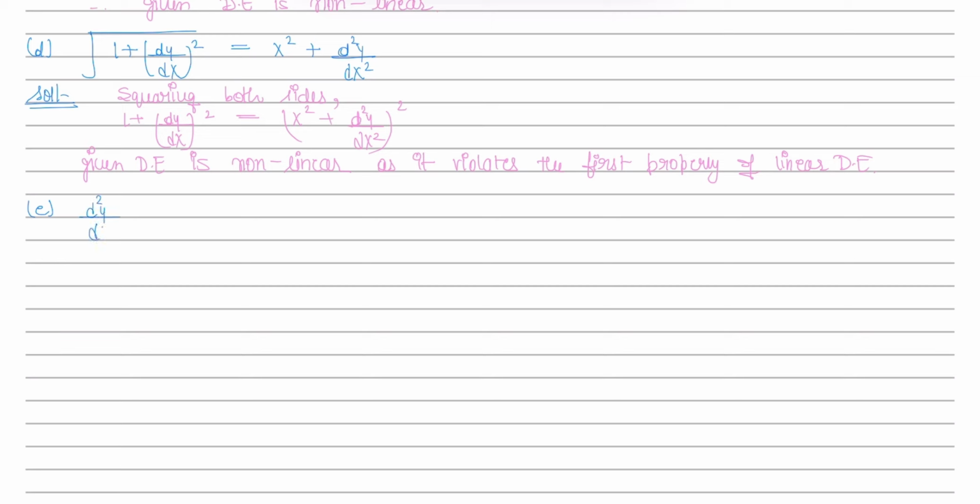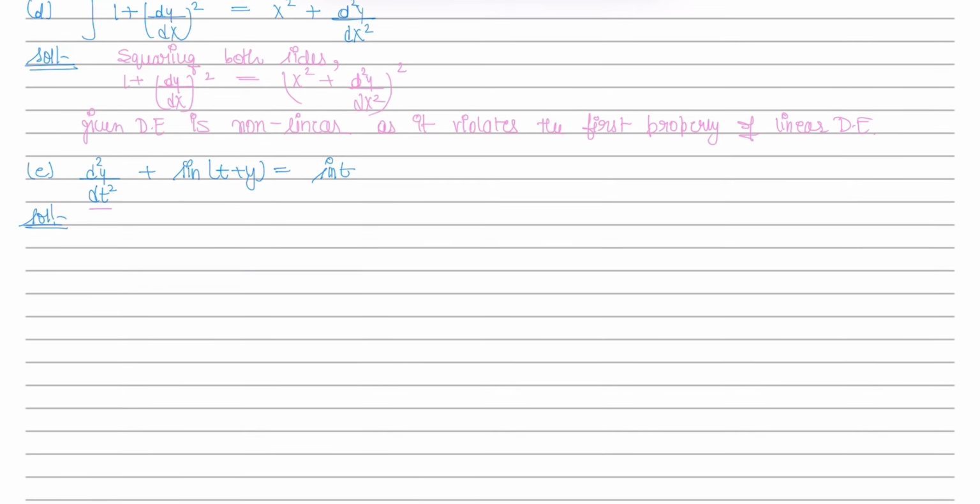D square y by dt square plus sine of t plus y is equals to sine t. We can clearly see that the third property is violated. How do we write it?